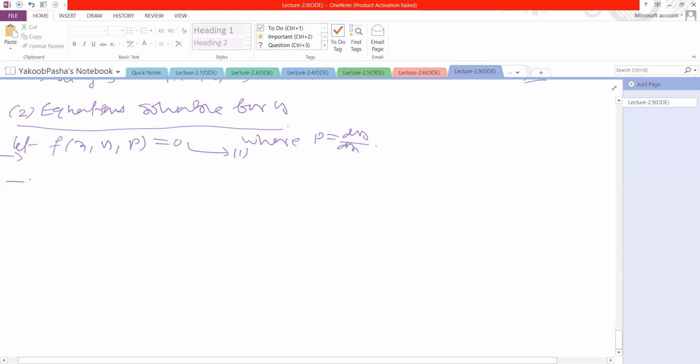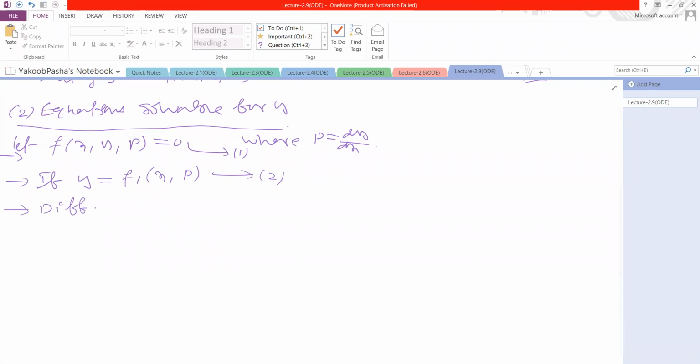That means we write y is equal to some function, f1 of x comma p, let it be equation number 2. Now after writing the y value, we have to differentiate equation 2 with respect to x, and write p is equal to dy by dx.